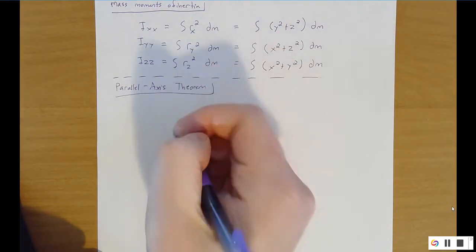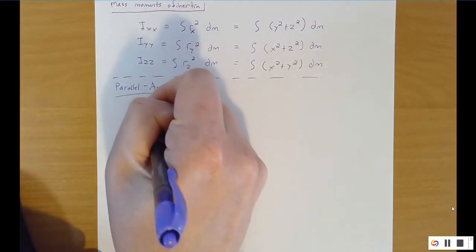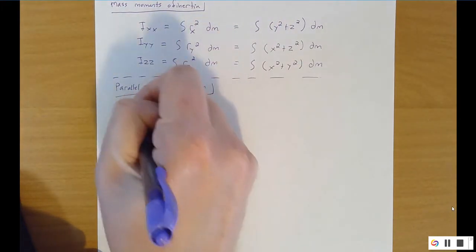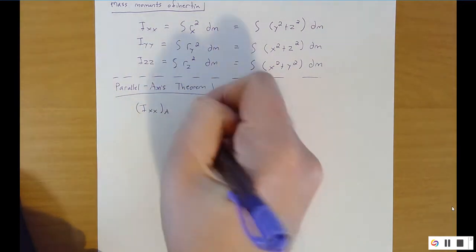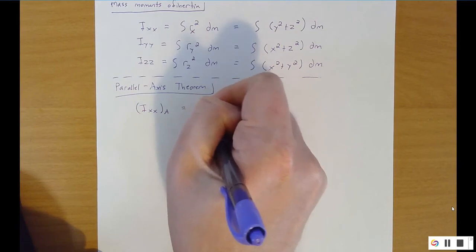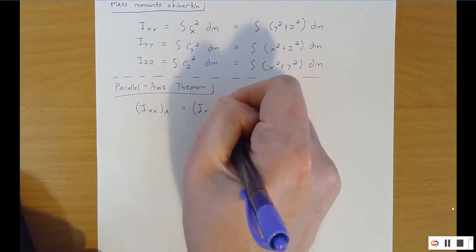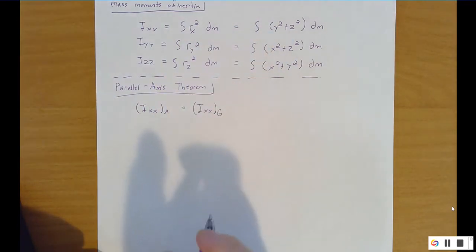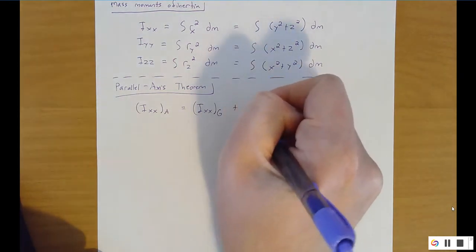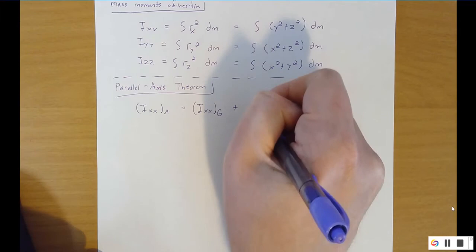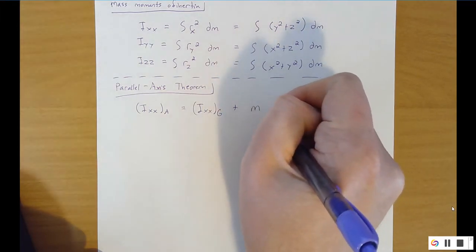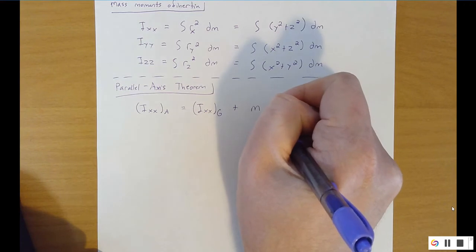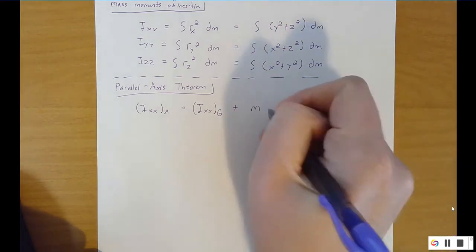So again, in the x direction, if I wanted to find Ixx about some arbitrary point, then that would be equal to that Ixx through the center of gravity plus mass, and then we would want to do Rx squared here, but I'm just going to save us the time.